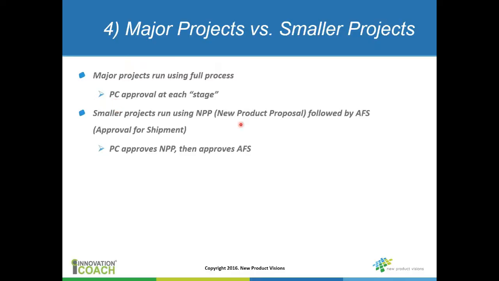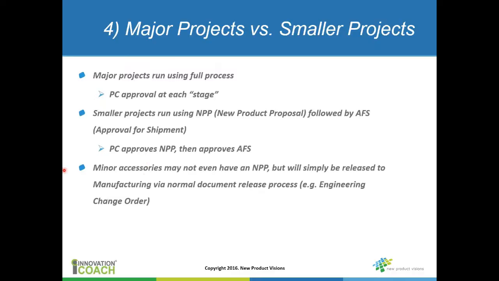You might start with a marketing document, a new product proposal that's going to actually function as a project plan, go through the development, and then go back to the product committee to get approval for shipment, or AFS in my terminology here. So that's a two-step process. You're not going to go to the product committee to get every approval for every phase that you go through.